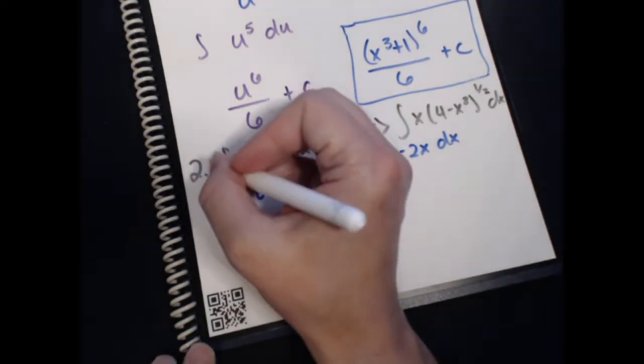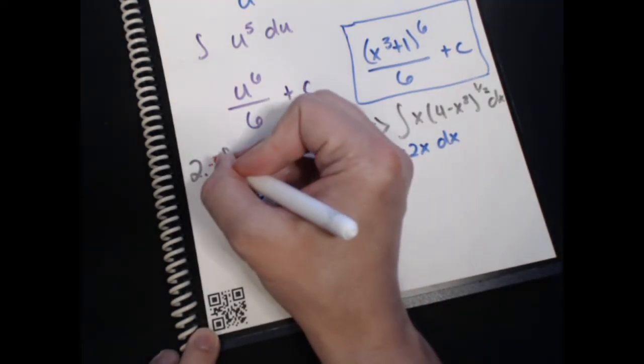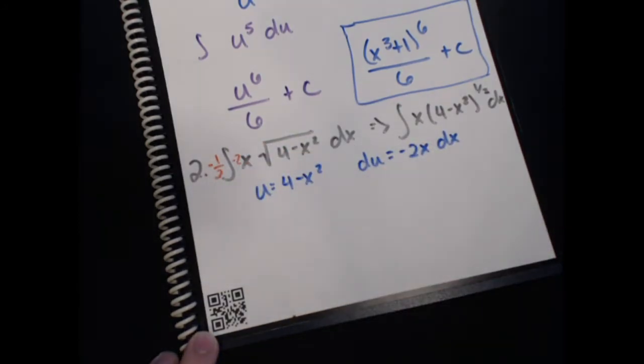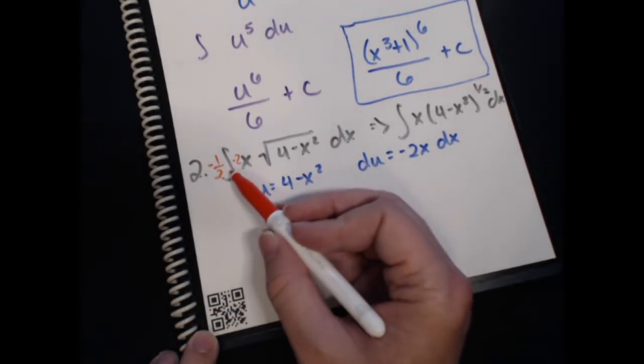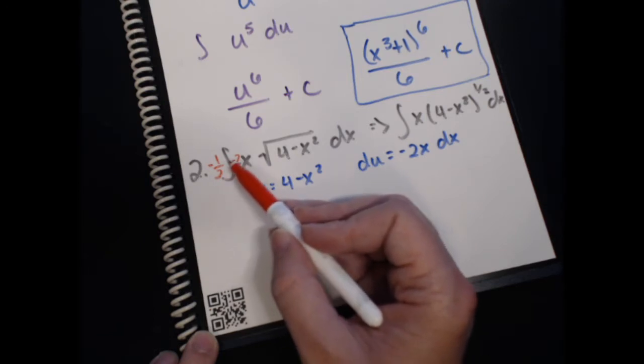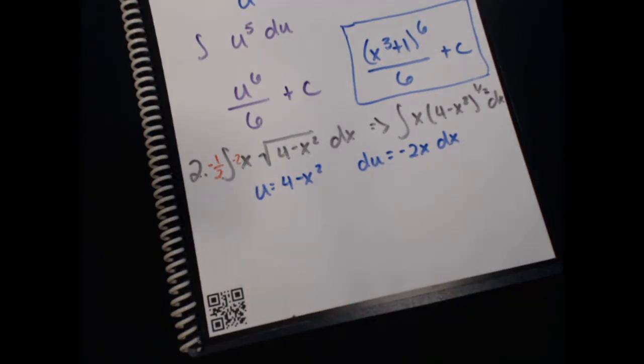All right, I'd have to out here put a negative 1/2, right? Which would make this a negative 2. Do we remember that? Because I basically need to multiply by a positive 1, right? And negative 2 over negative 2 would be 1. Okay, so we're okay with that.